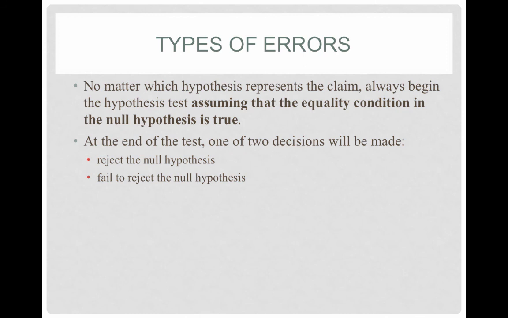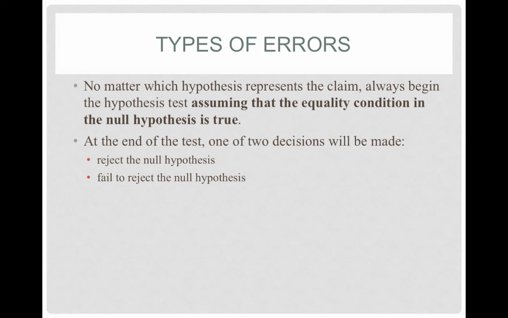Okay? At the end of the test, one of two decisions will be made. You reject the null hypothesis, or you fail to reject the null hypothesis. All right, I'm going to state that one more time, guys, because you got to get that in your head. At the end, we are going to make one of two decisions, and note they are both in terms of the null hypothesis.